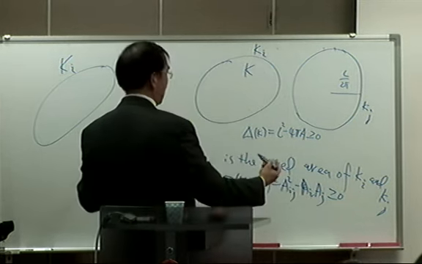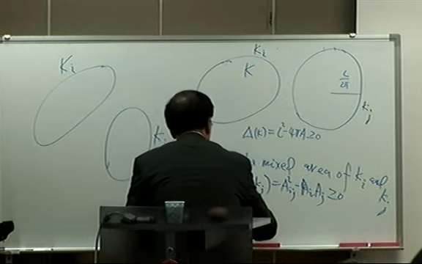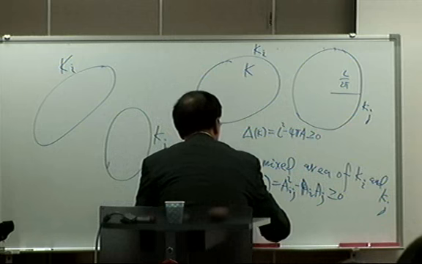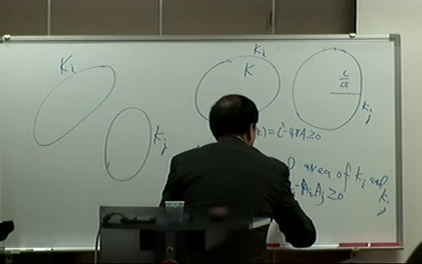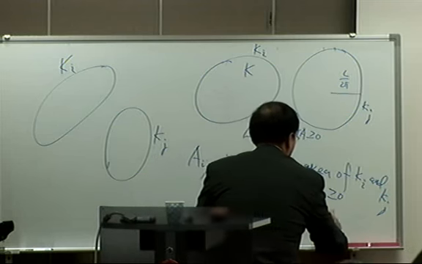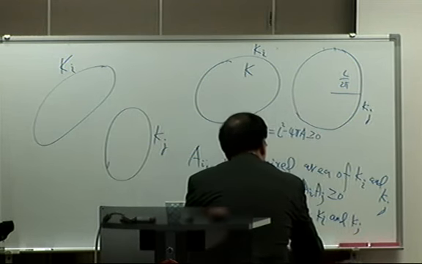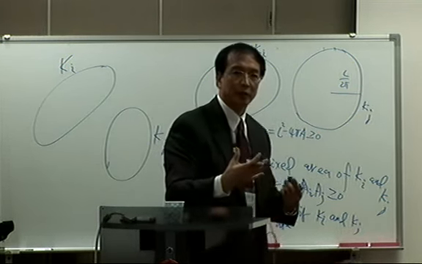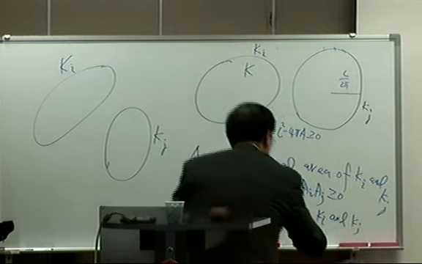So equality holds if Ki and Kj are homothetic. That means a translation and a dilation.